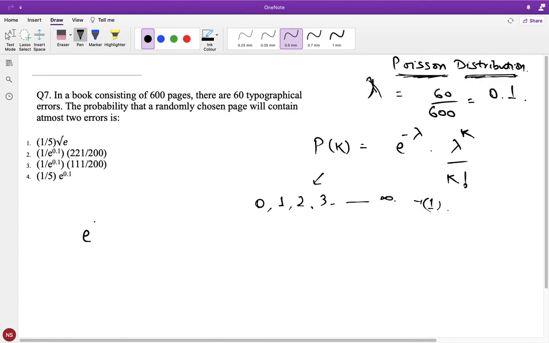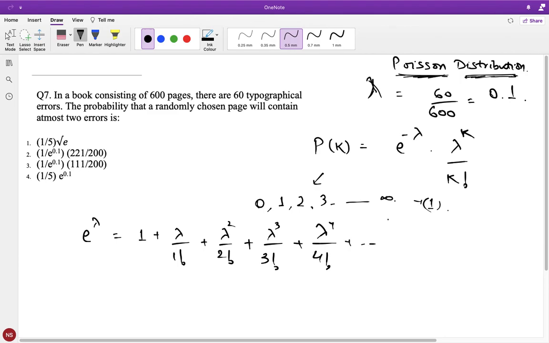We know that e to the power lambda is 1 plus lambda by 1 factorial plus lambda square by 2 factorial and so on.